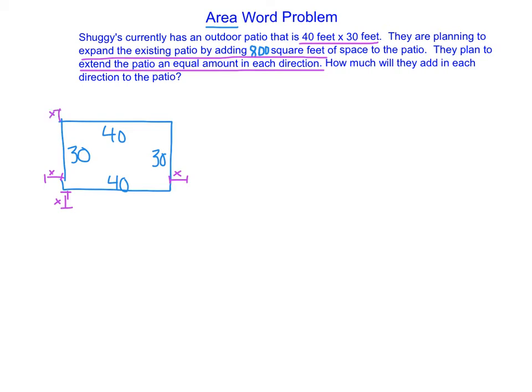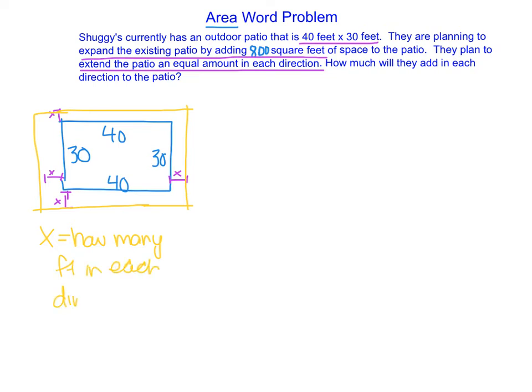So essentially what's going to happen is our new patio is going to be all the way out here. So you can see that we're adding a little bit of area on each side, and we're essentially bumping that patio out x feet in each direction. And our goal is to find x. x equals how many feet in each direction.